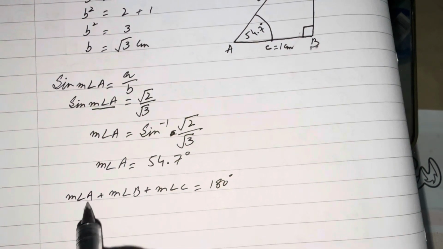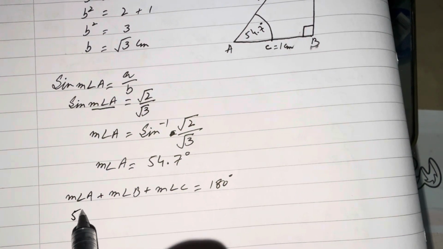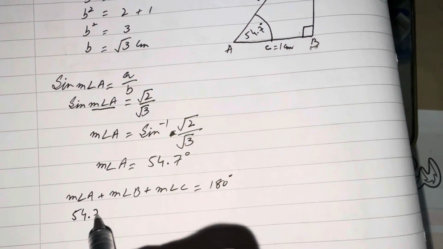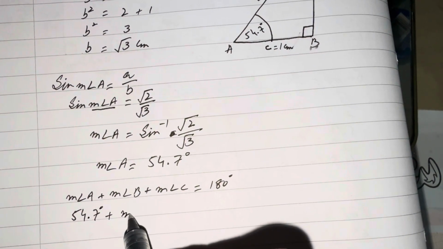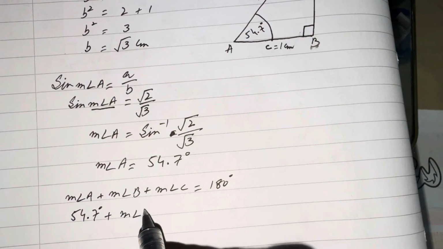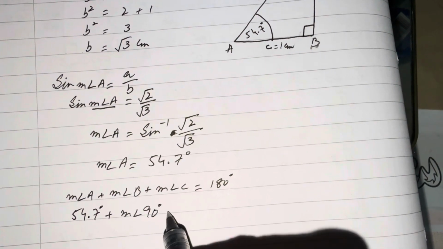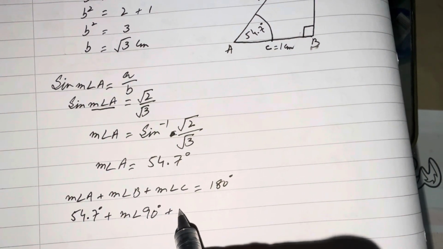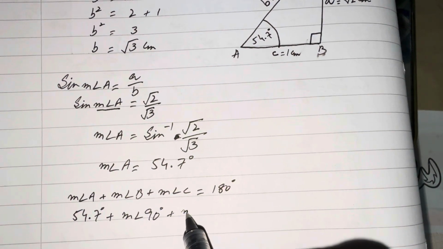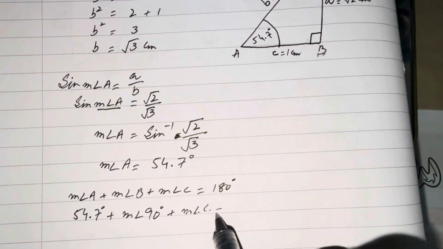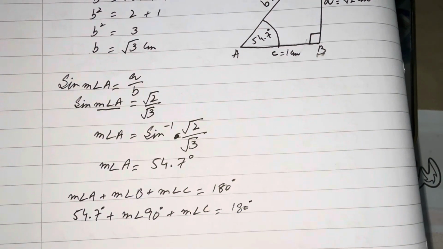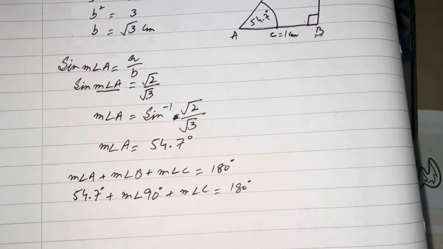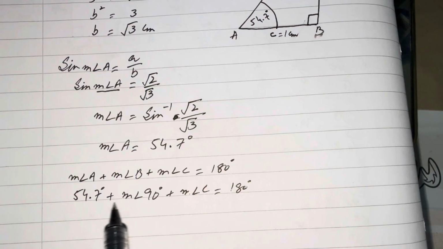So the measure of angle A is equal to 54.7 degrees, plus the measure of angle B, which is 90 degrees, plus the measure of angle C, that we have to find, is equal to 180 degrees. So let's add up these two angles.